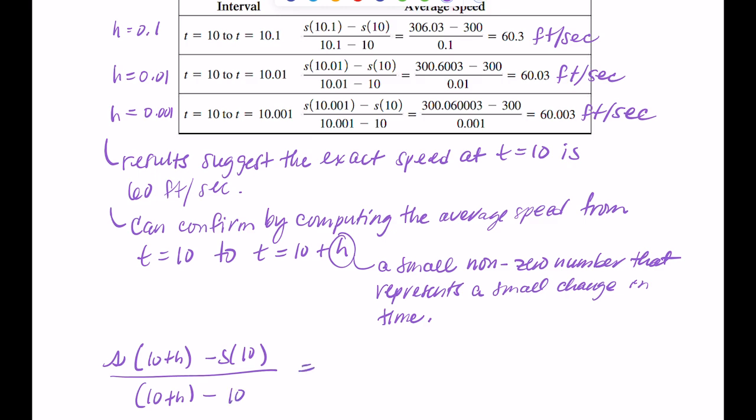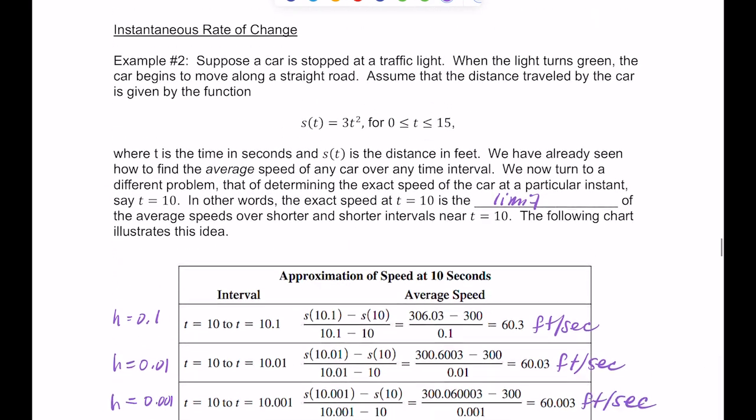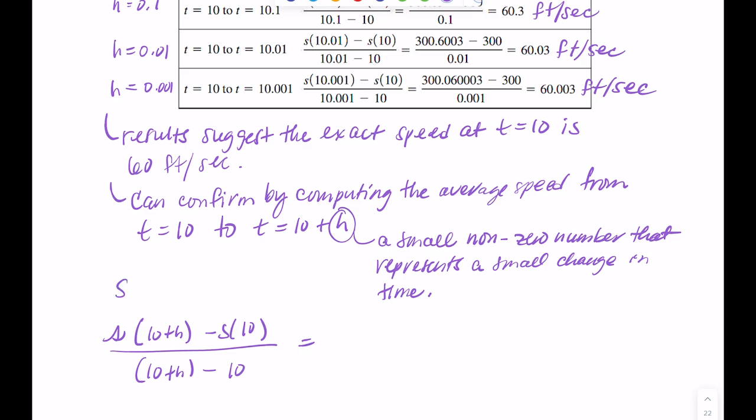Well, I know that my function is s of t equals 3t squared. So this is just telling me I'm going to replace t with 10 plus h. So I'm going to have 3 times 10 plus h squared minus whatever s of 10 is, and then I'm going to divide by h, since the 10s cancel.